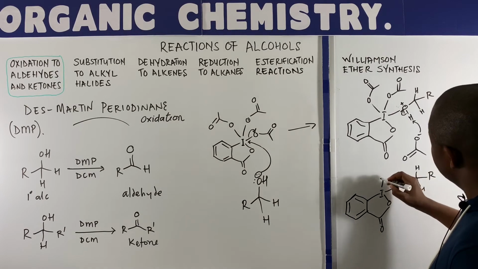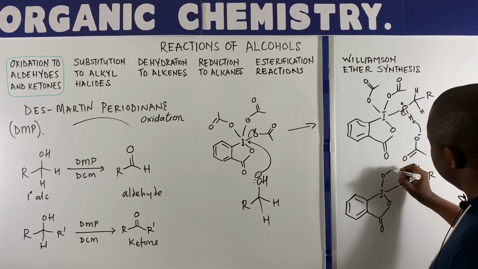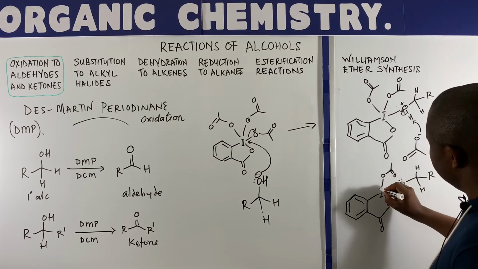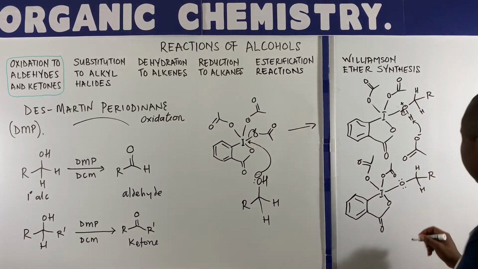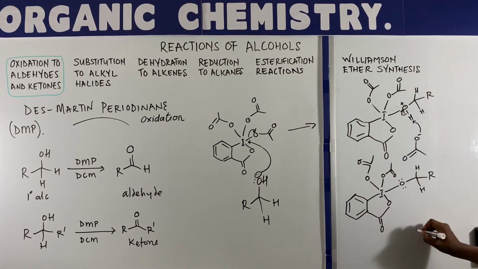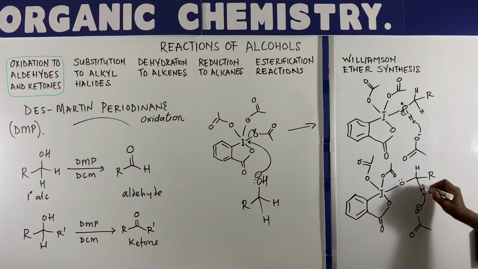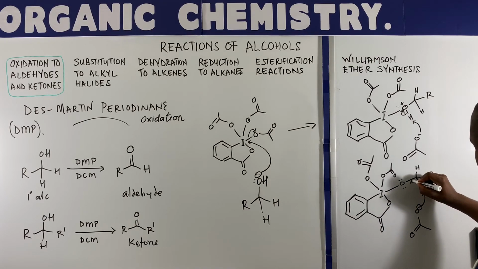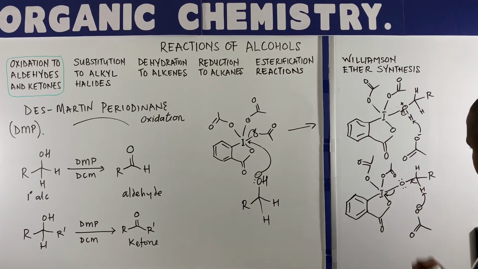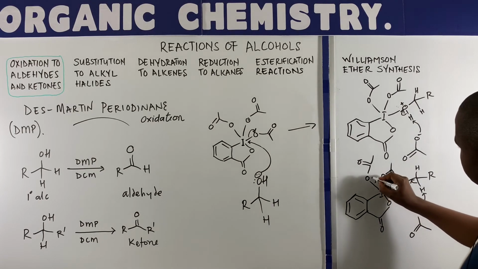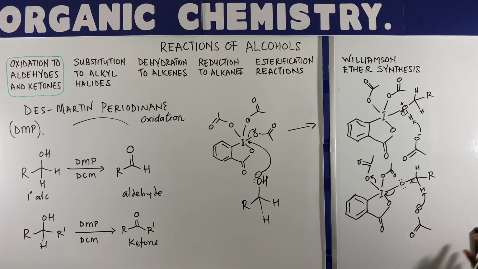We still have the two acetates in place. And then we're going to have another molecule of the acetate ion picking up this proton, such that the electron here moves onto this bond, and this one goes to the iodine, and then this leaves as another acetate species, so that we have the final product.